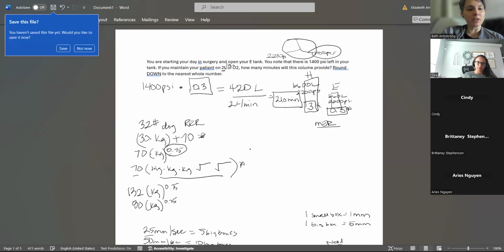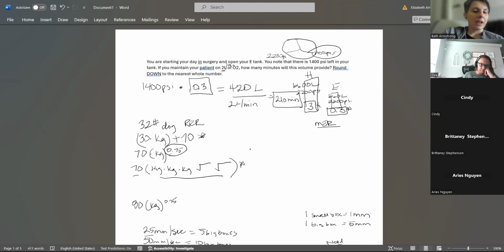You may work with a doctor that wants to use these calculations, so knowing how to do that is really good. So again, you take that kilograms times kilograms times kilograms, square root, times 132 or times 80.